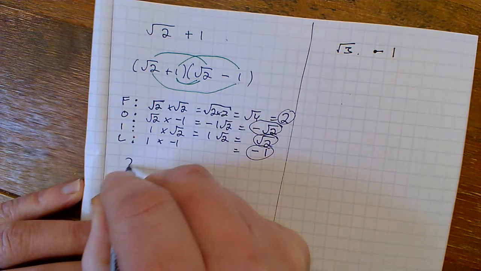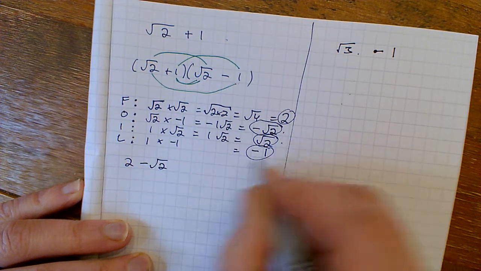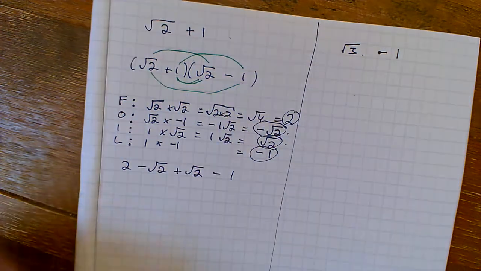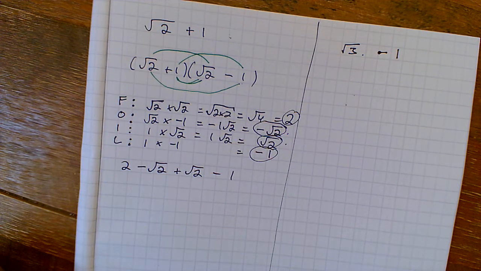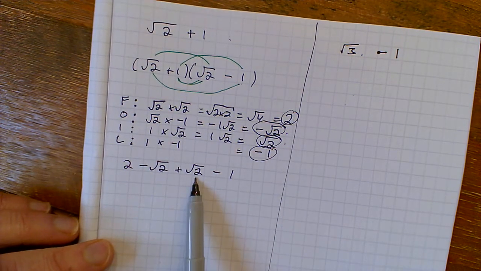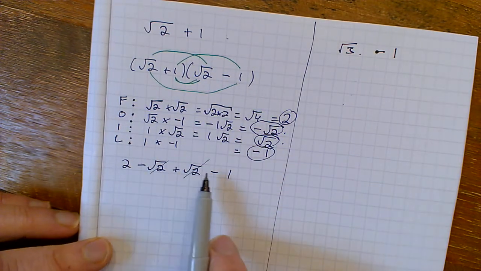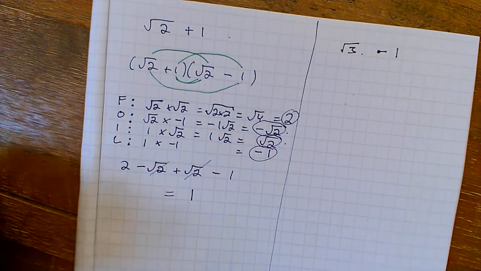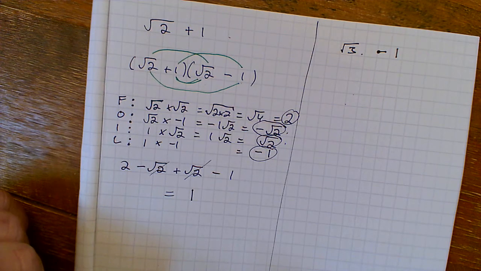I'm going to get 2 minus root 2 plus root 2 minus 1. Now, this is deliberately designed so negative root 2 plus root 2 cancels out to 0. And 2 subtract 1 is 1. So that whole thing becomes 1. That calculation gives me the answer 1.